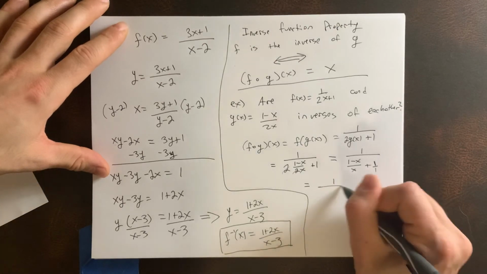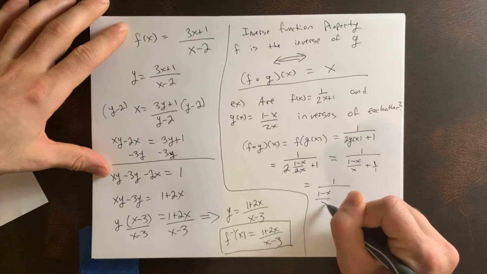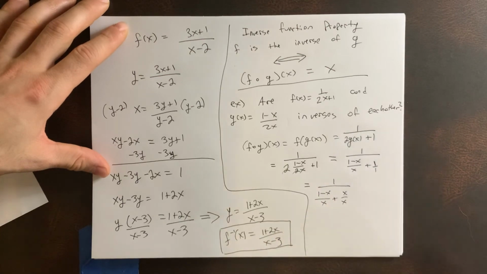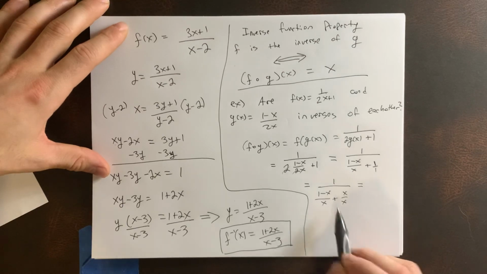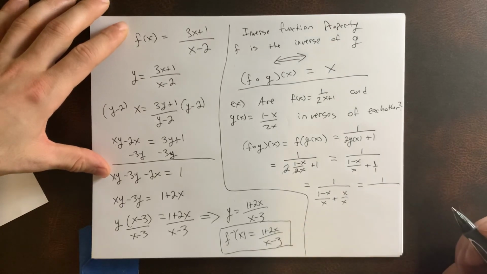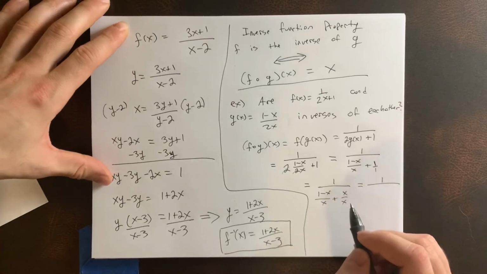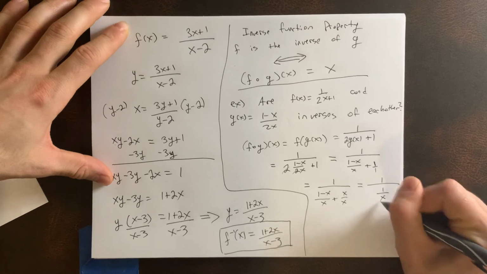So we're going to get 1 over ((1 minus x) over x plus x over x). And here we can combine these fractions. So this is going to be 1 over, so these x's are going to cancel, so we're going to have 1 over x.